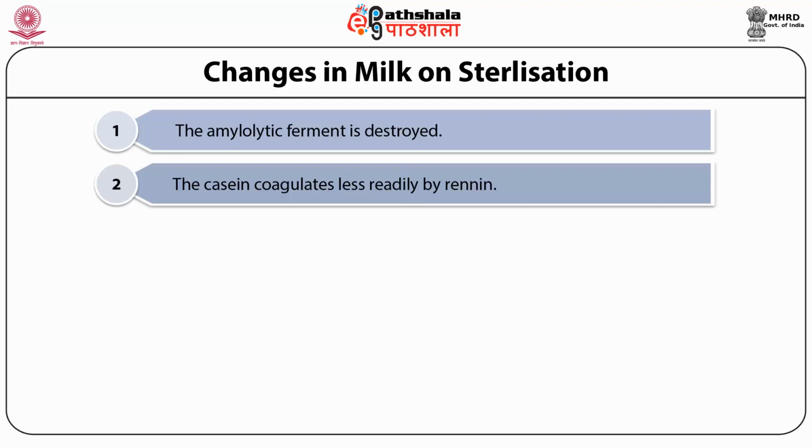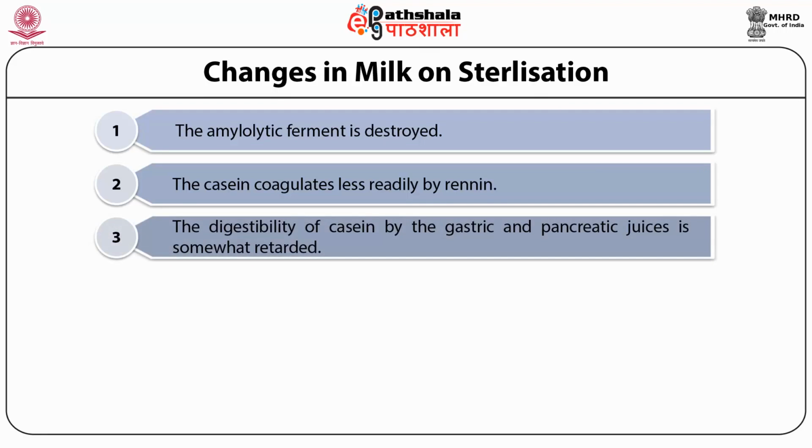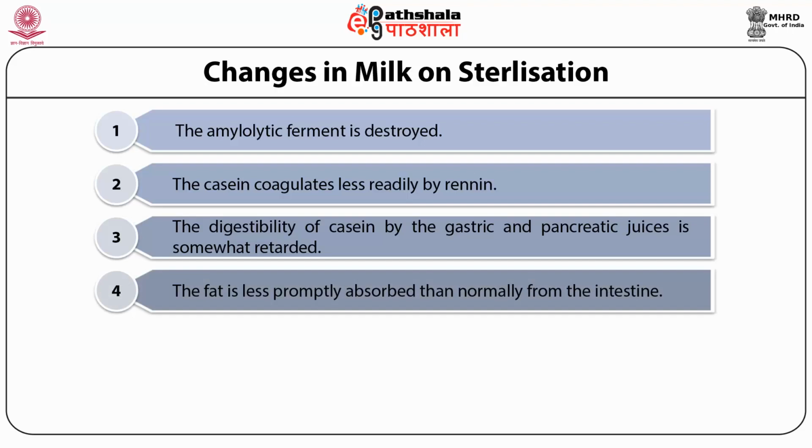Besides this, the sterilized milk is also hard to digest because the digestibility of casein by gastric and pancreatic juice is somewhat retarded. Side by side, fat is less promptly absorbed than that which is normally absorbed by the intestine.